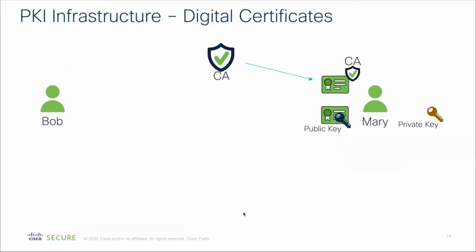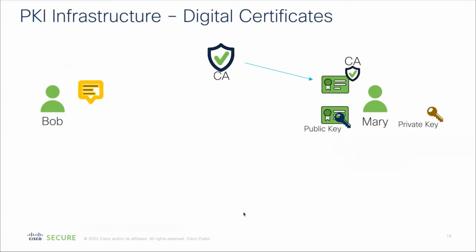This certificate authority is, and should be, trusted by whoever is trying to communicate with her. The public key and private key are also associated with the certificate that she got from the certificate authority. Now, in the same scenario, Bob wants to send a confidential message back to Mary.